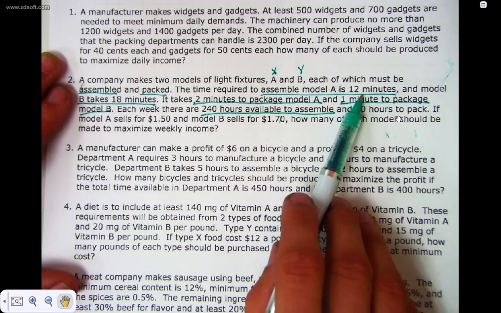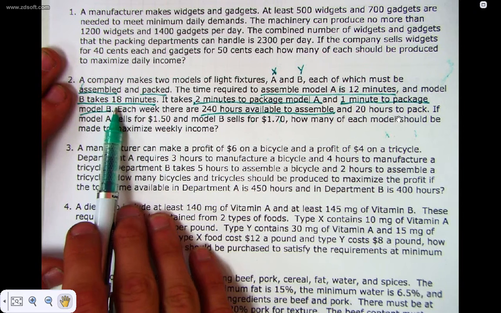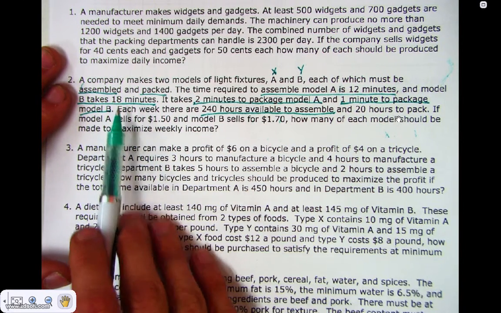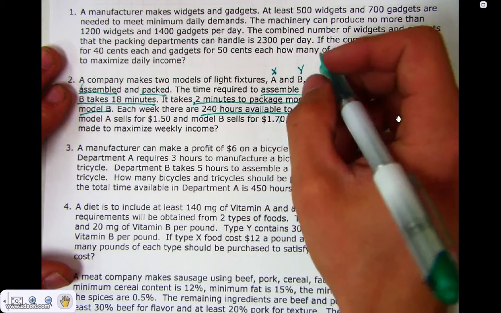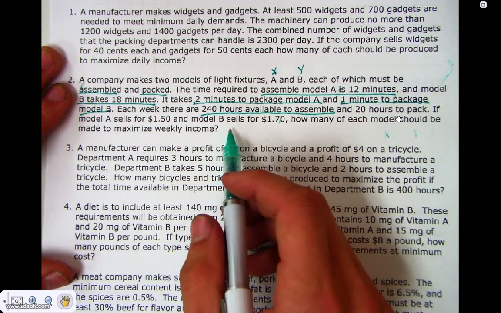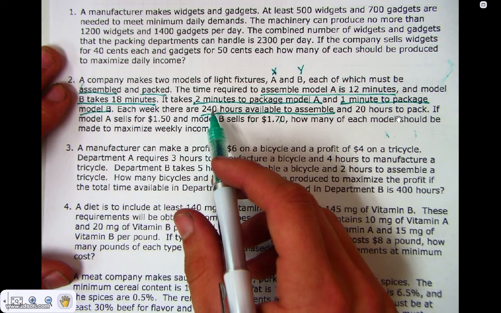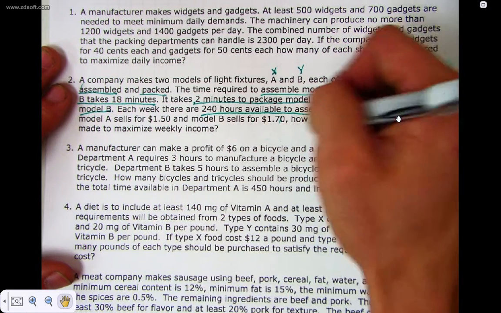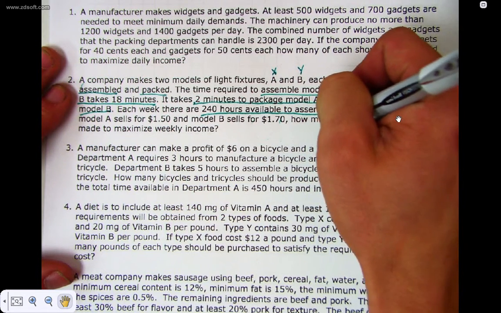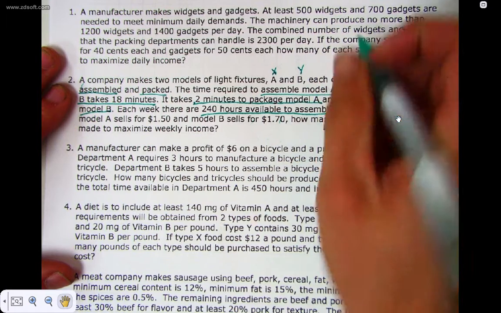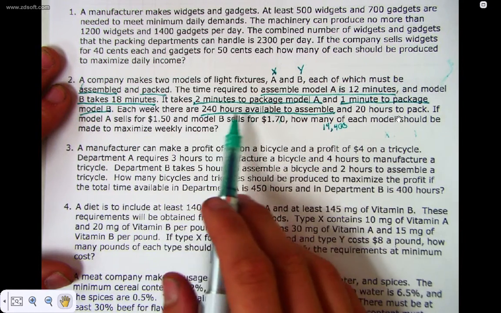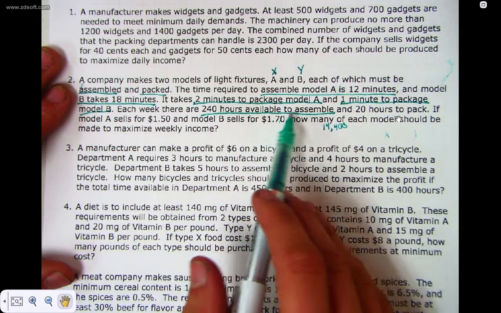All right, so if there's 240 hours available each week to assemble, and it takes 12 minutes to assemble A, and it takes 18 minutes to assemble B, let's go ahead and write our first inequality. Now, 240 hours, let's put that into minutes. So 240 times 60 is going to be 14,400 minutes. Now, that's all the time we have available to assemble, all right?